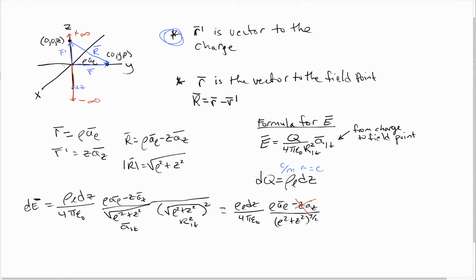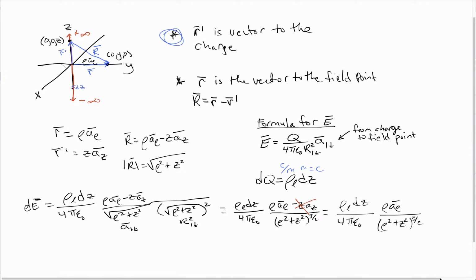And that leaves us finally with rho L dz over 4 pi epsilon 0, and we have rho a rho over rho squared plus z squared to the 3 divided by 2.